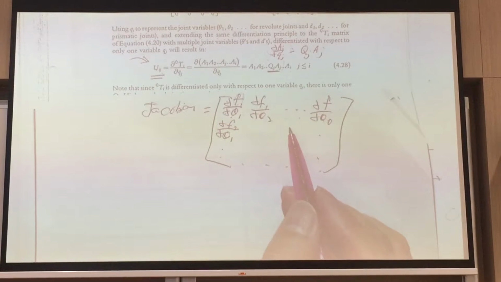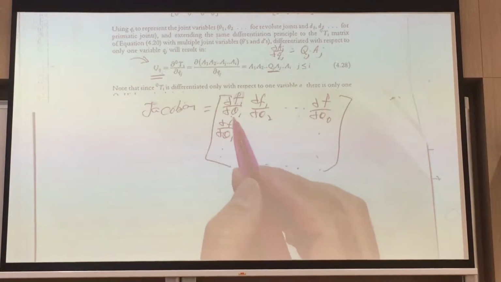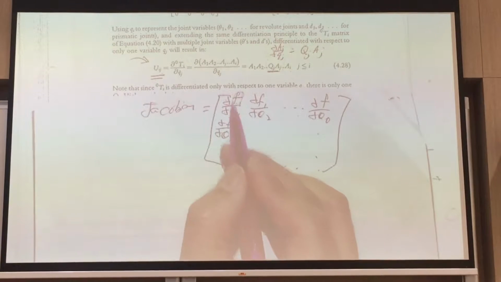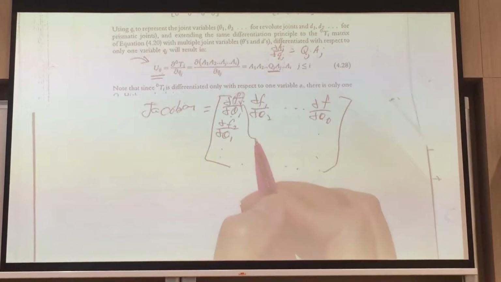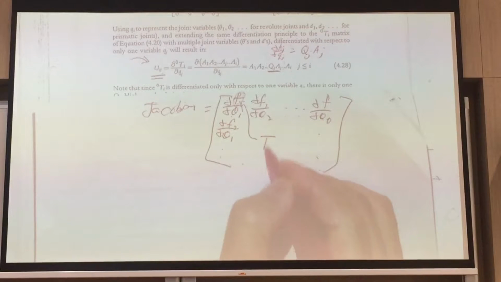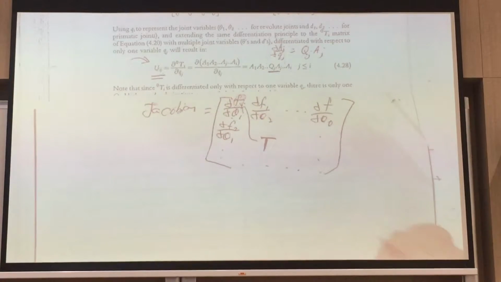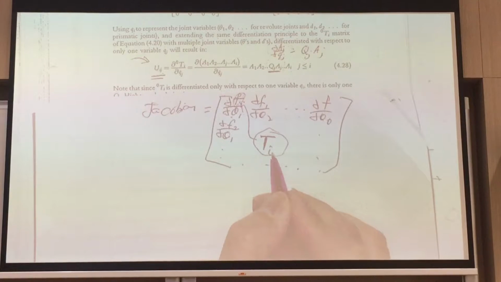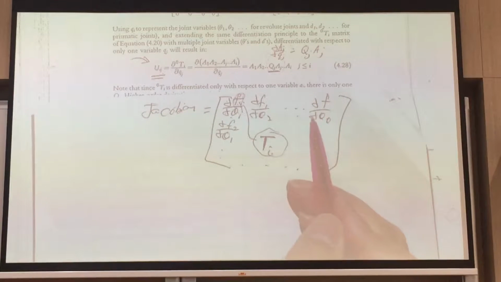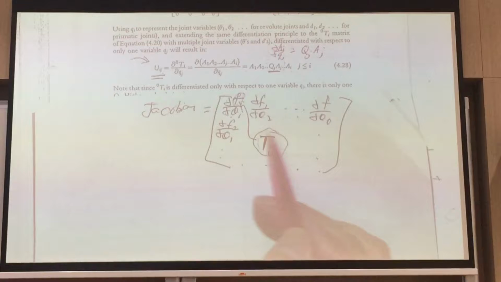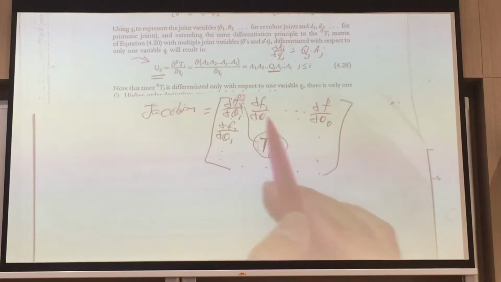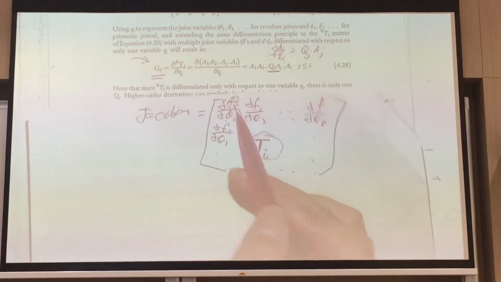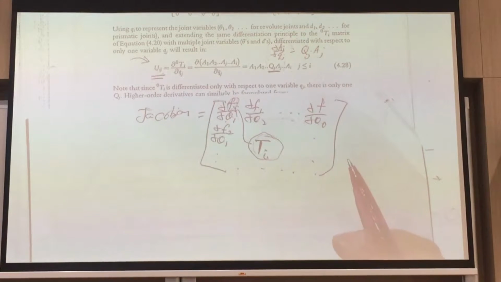Because from the previous topic, we know that the function here, now instead of f, is the function of the transformation T. So the transformation matrix Ti here is with respect to each of the joints. In other words, the transformation matrix is contributed by the effect of all the joints, and you have to know each of them individually.